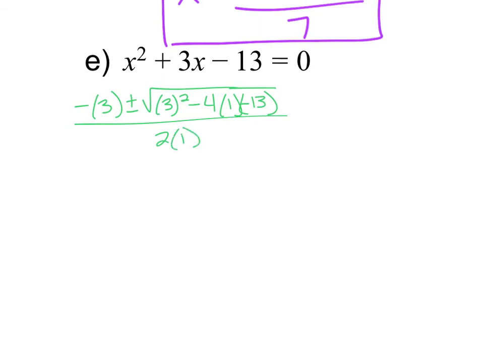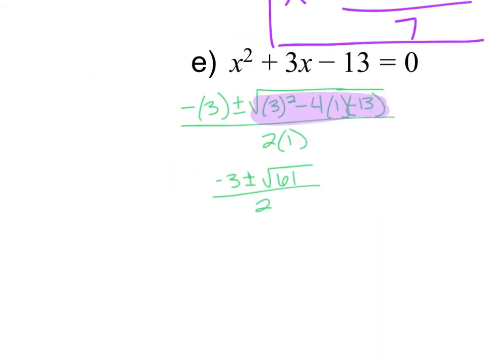Okay, I'm going to do my discriminant, so all of this. And that gives me -3 plus or minus, hopefully it's negative, it's not. That would be nice though. That would be positive, square root of +61 all over 2.